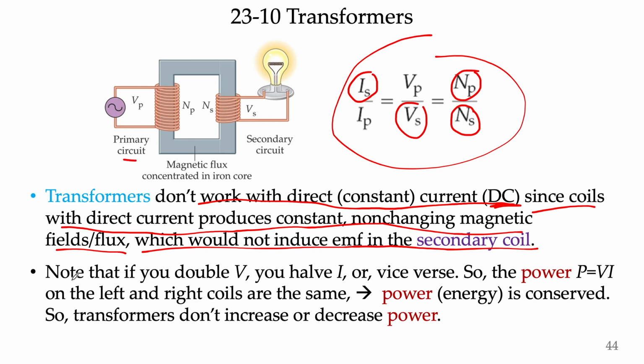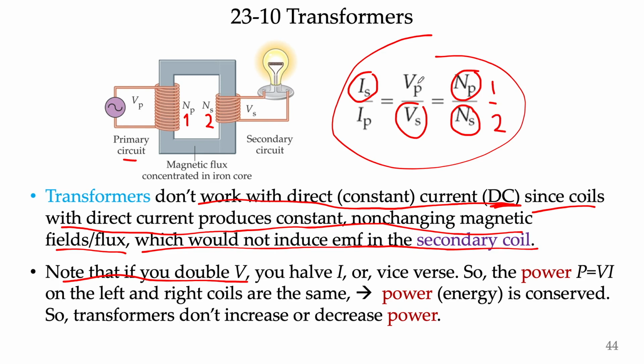Now note, let's say N is 1 here and N is 2 here. So this ratio would be 1 divided by 2.